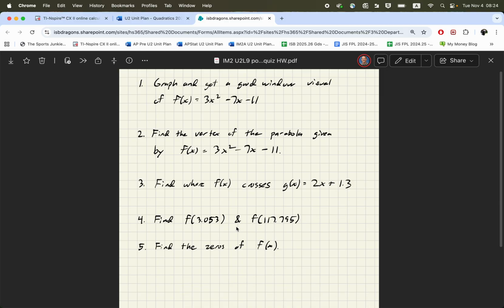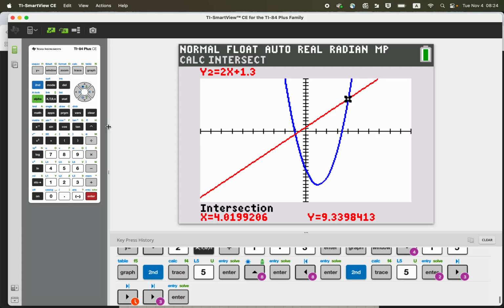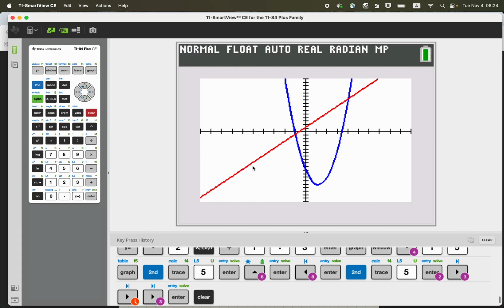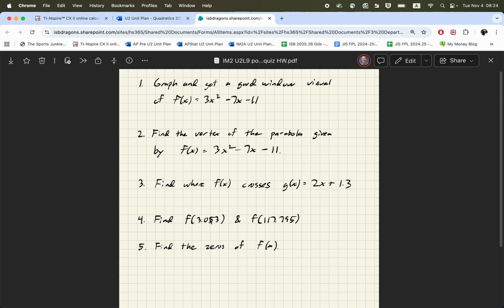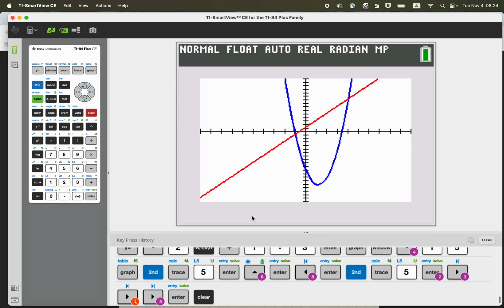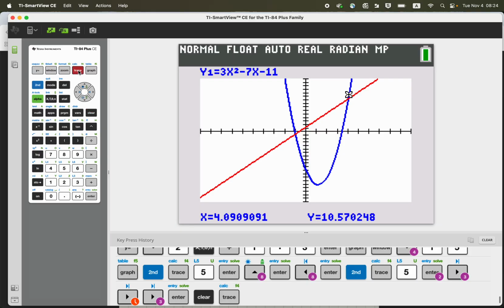Two more things, guys. So finding function values, this is really nice. The way I like to do this is by tracing. So I'm going to clear this, and we want function values for f. If I go trace, luckily I'm on the blue.